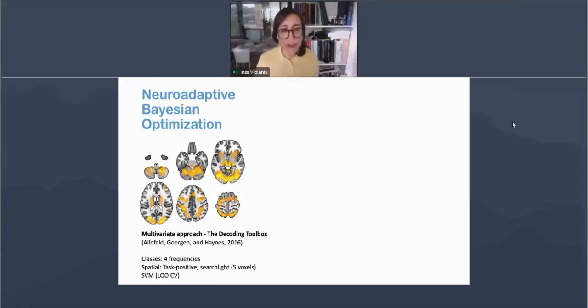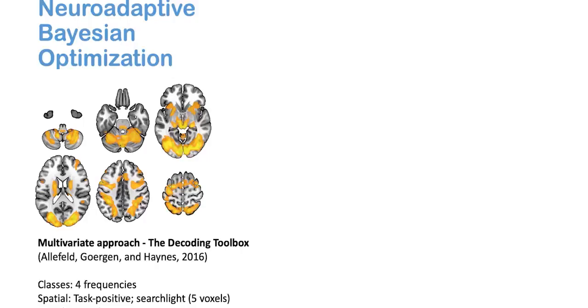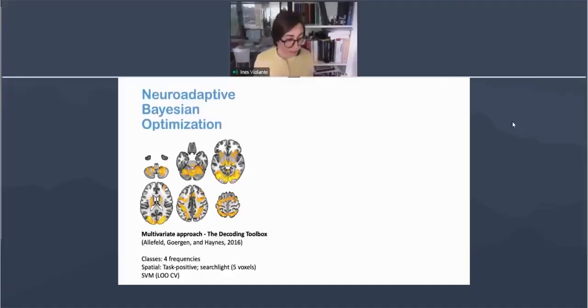We are using the decoding toolbox at this very early stage just to identify whether we can classify regions in this task positive network that respond to the different stimulation frequencies. So we have our 4 classes, and we're using the searchlight approach here with support vector machines, a multivariate pattern analysis approach with a leave one out cross-validation.